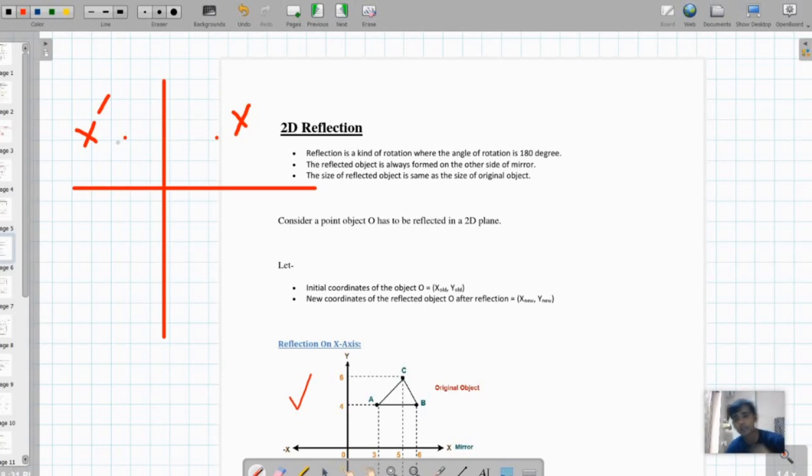Now say, instead of reflection, you do a rotation by an angle of 180 degrees in the anticlockwise direction. What will be the result? Try to figure it out.